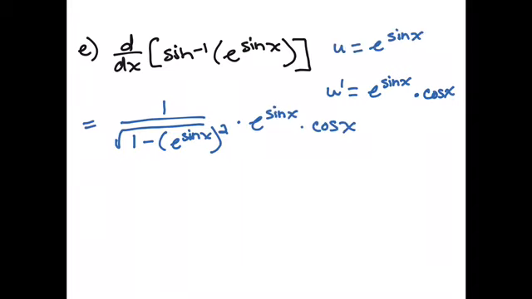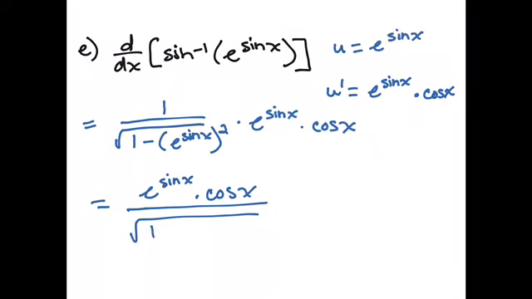And if we clean that up a little bit, I'll write my numerator as e to the sine x times cosine x, and in my denominator, I am going to square the e to the sine x term, and that's power of a power means multiply exponents, so I can write this as e to the 2 times sine x.